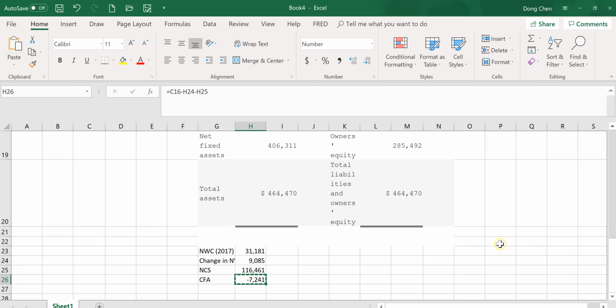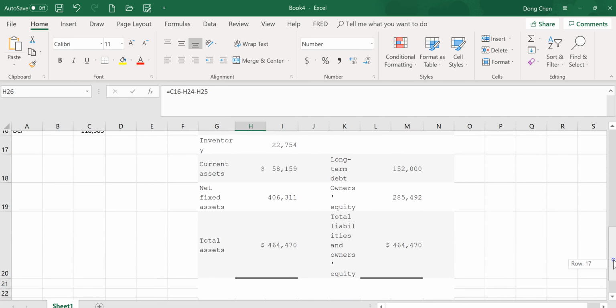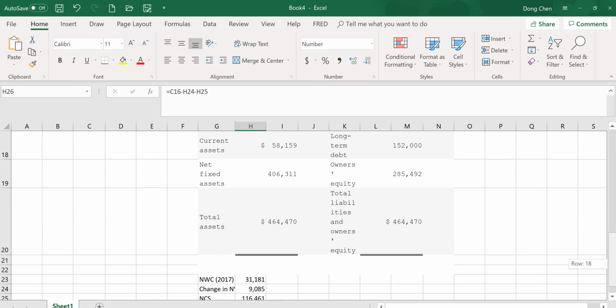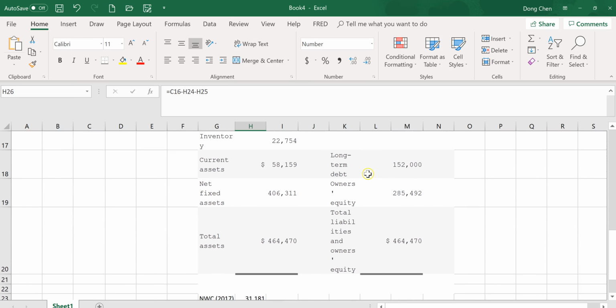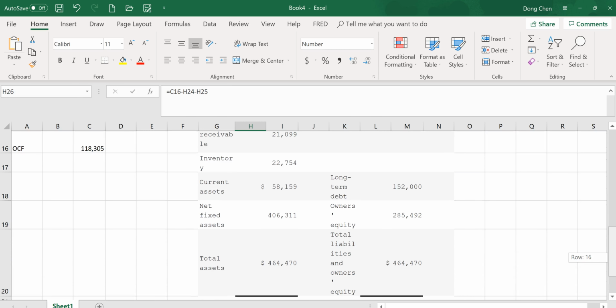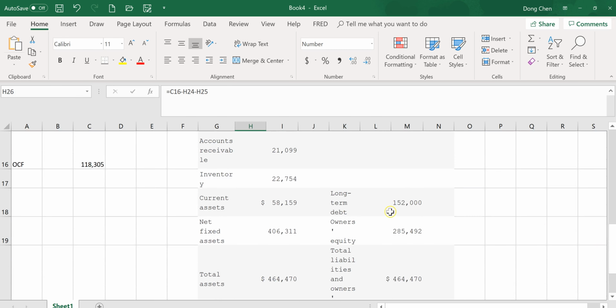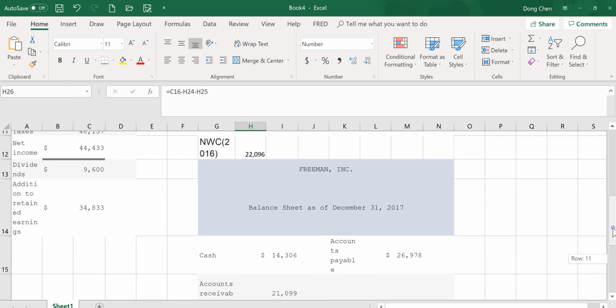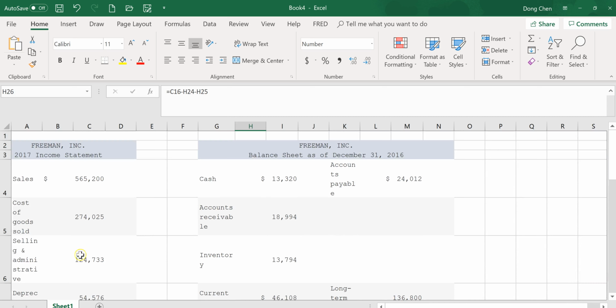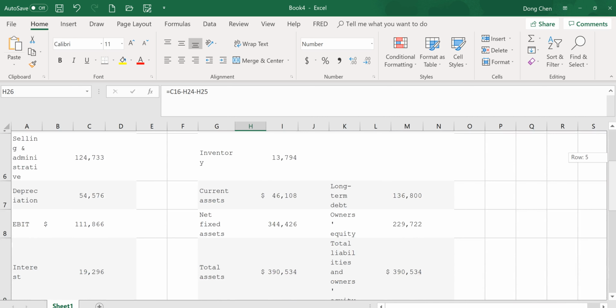We can find the information on the level of debt from the balance sheet. We can check the change in the long-term debt. That's the net issuance of new debt, and the interest is from the income statement.